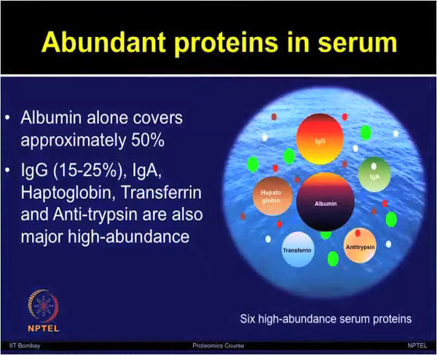Immunoglobulin G contains 15 to 25% of the abundant proteins. Then IgA, haptoglobin, transferrin and antitrypsin are also major high abundant proteins. In the diagram I have shown you the 6 high abundance serum proteins.